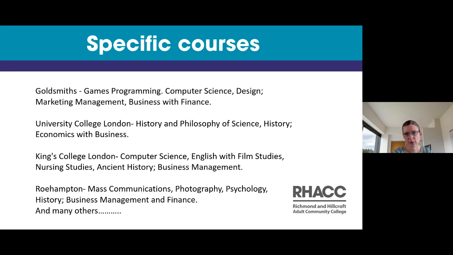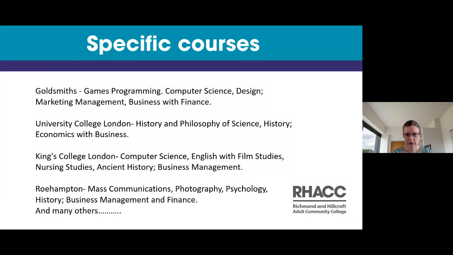Here are some examples of specific courses that learners progressed onto. At Goldsmiths: games programming, computer science, design, marketing management, business with finance. At University College London: history and philosophy of science, history, economics with business.